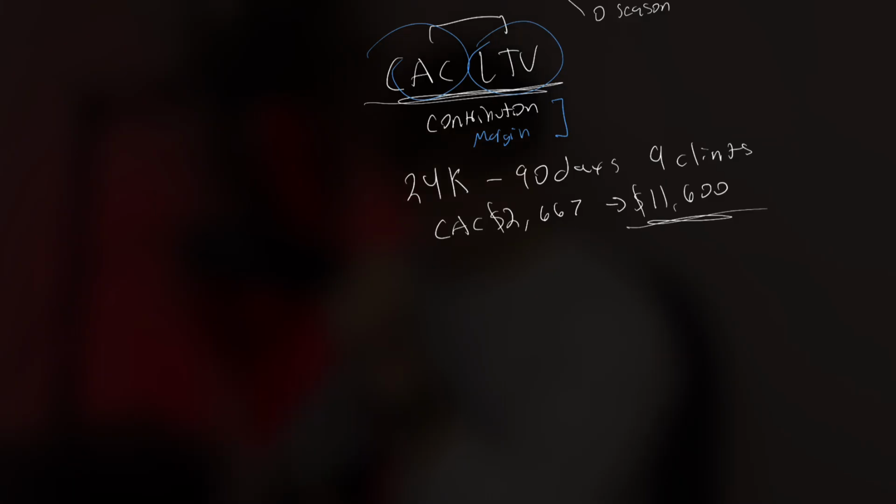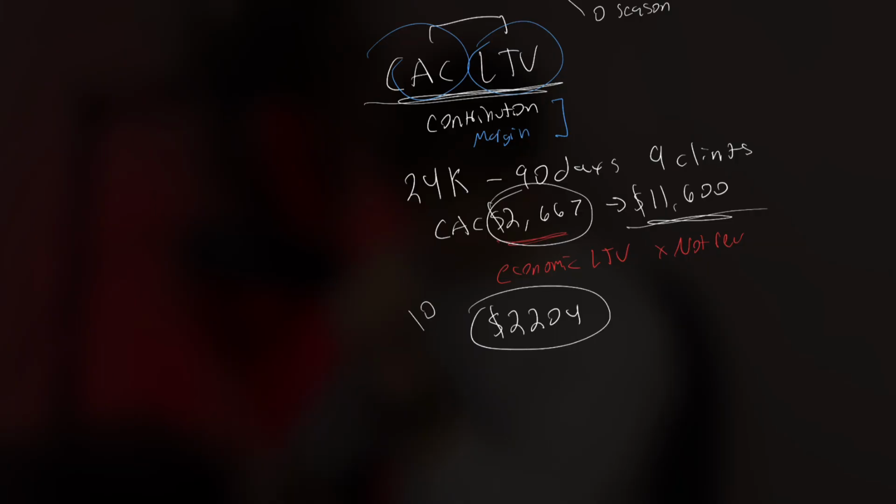But the failure only becomes visible when the CAC is compared to the economic LTV. Given this cost of acquisition, the $2,667 at a $2,204 lifetime contribution margin, the business was basically reinvesting over 100% of the profit into money that it didn't have yet to acquire the next customer.